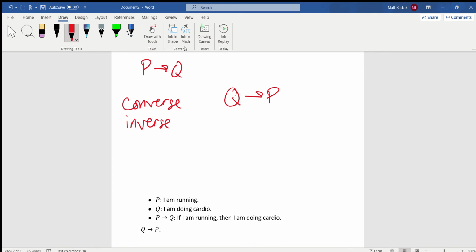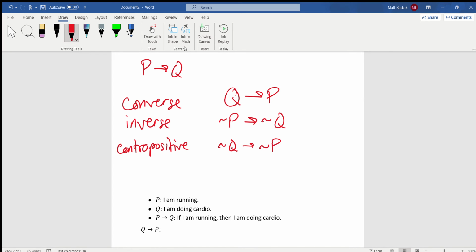So this would be not P implying not Q. And then last we have our contrapositive. So my contrapositive is when I negate both the hypothesis and conclusion and they flip. So the contrapositive would be not Q implying not P.